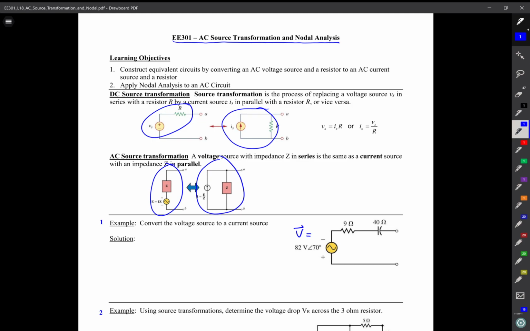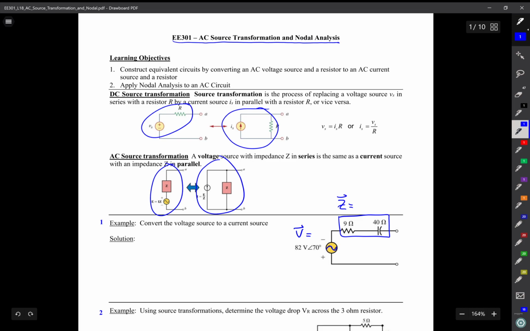Okay, the 82 is the RMS value of the time domain amplitude of that sinusoid. Notice here that it's again a sinusoid showing that it's an AC source. And it's also in series with this impedance. And that impedance I'll call Z.